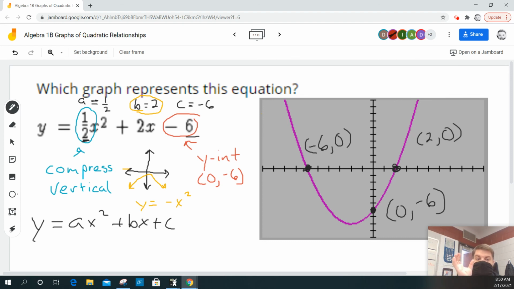By the way, I knew that it opened up because my A term was positive. And it crosses through these 3 points. The x-intercepts are -6, 0, and 2, 0, and the y-intercept is 0, -6. That was pretty easy.